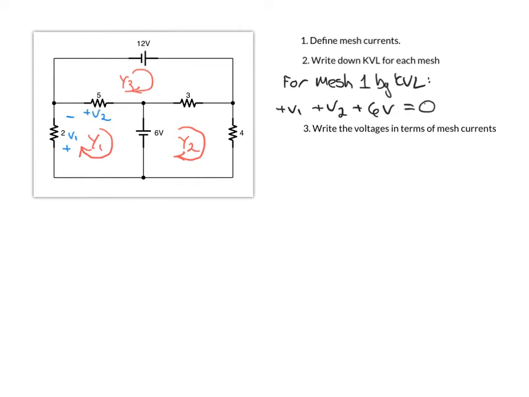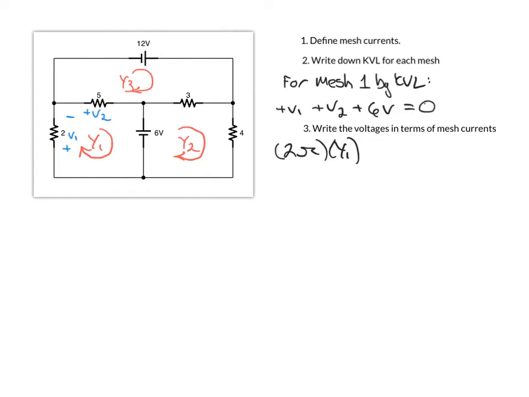Next, we write the voltages in terms of mesh currents. So you can see in this mesh, we've got Y1 flowing around like this. And so for the 2 ohm resistor, we've got Y1 flowing from the higher voltage to the lower voltage. So we can just write that as 2 ohms times current Y1.